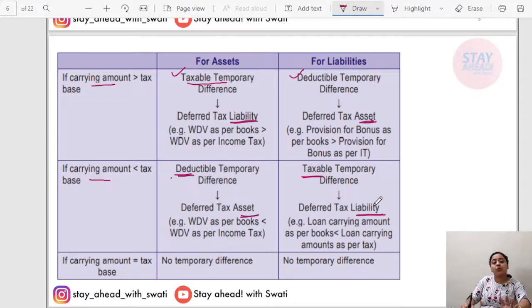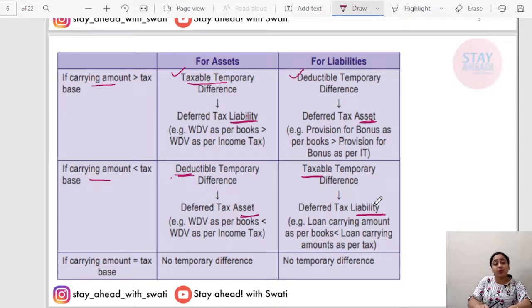Firstly, you have to make a connection between taxable and liability, or you can say DTL, and deductible and DTA. Okay, now you have to check whether it is for an asset or for a liability. Next, you have to check whether the carrying amount is greater than the tax base or less than the tax base, and accordingly refer to this chart and record.